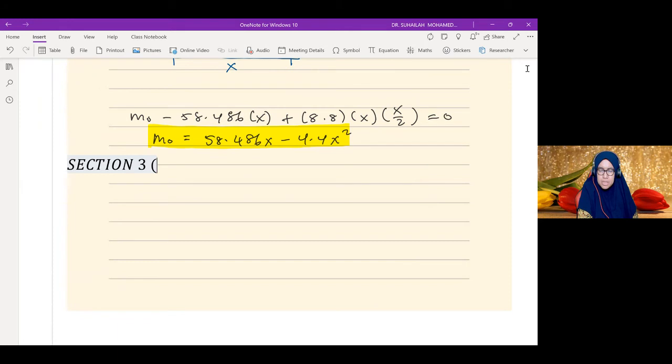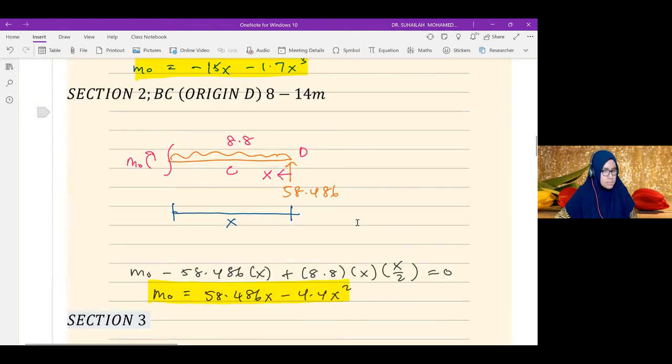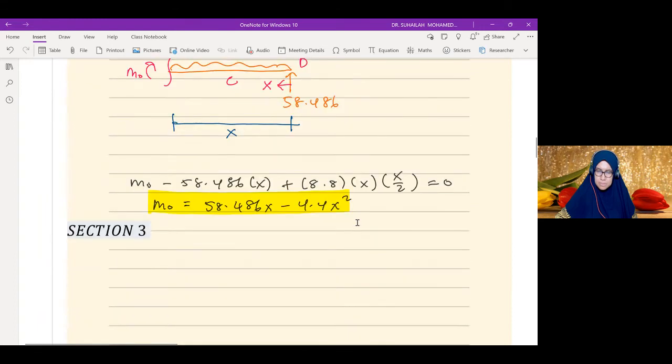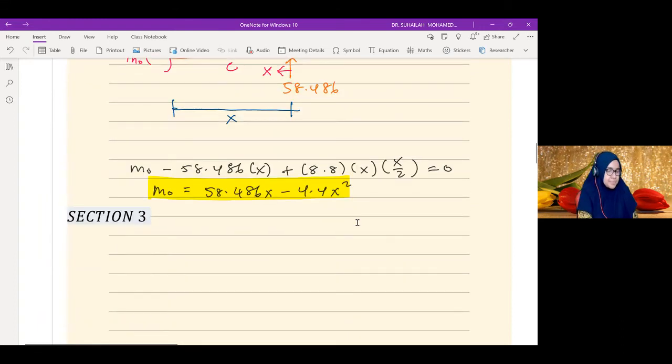Section number 3 is CD, with origin at D as well.